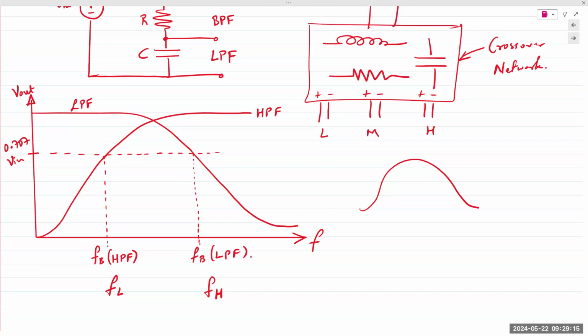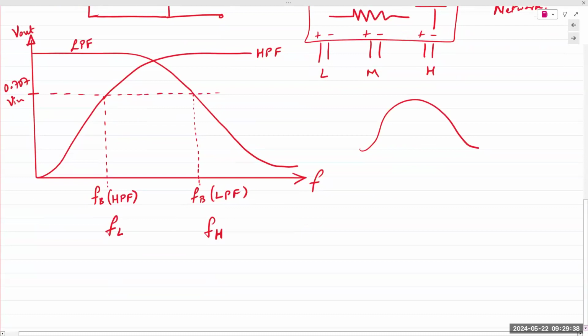Let me ask you this. You have 2 frequencies, right? You have the high pass here, and you have the low pass here, and you have a band of frequencies that are allowed to pass through. What if you switch the 2 frequencies? What kind of filter would you get? What I'm asking for online students is, what if you switch the LPF and HPF frequencies?